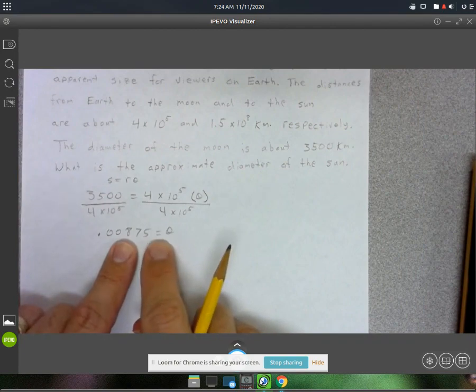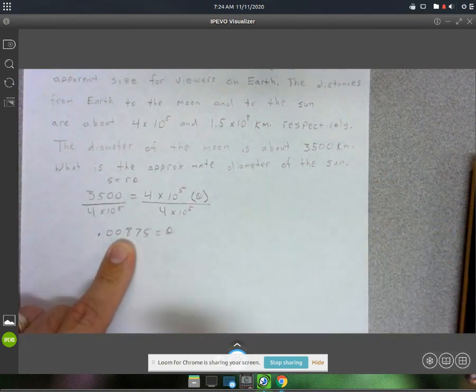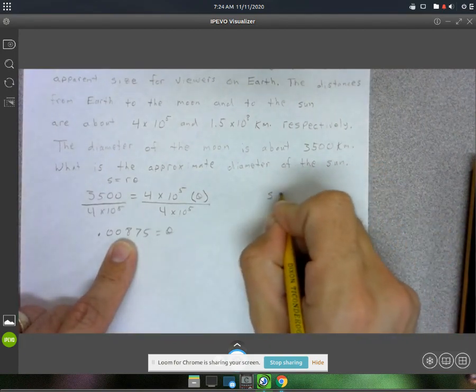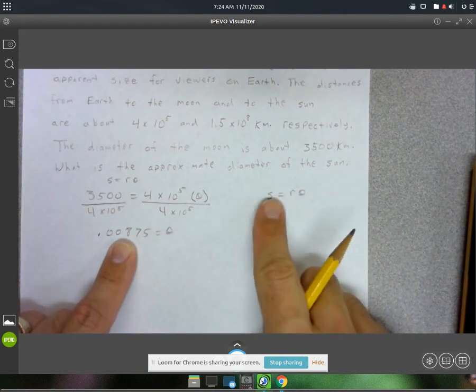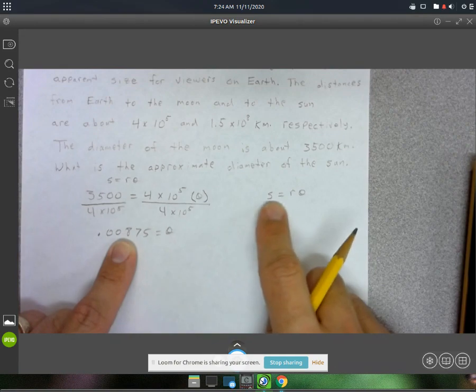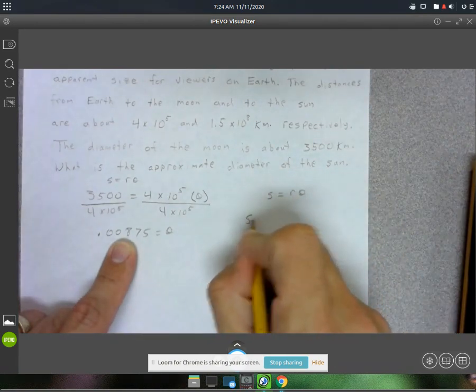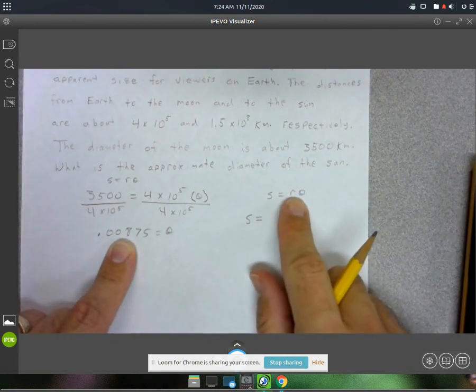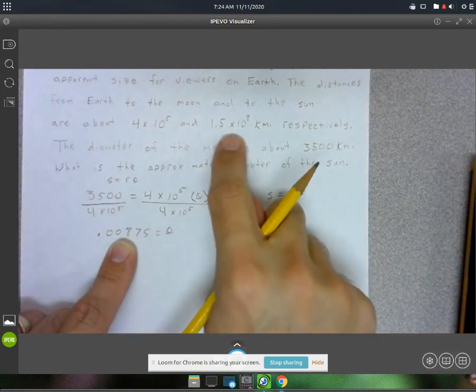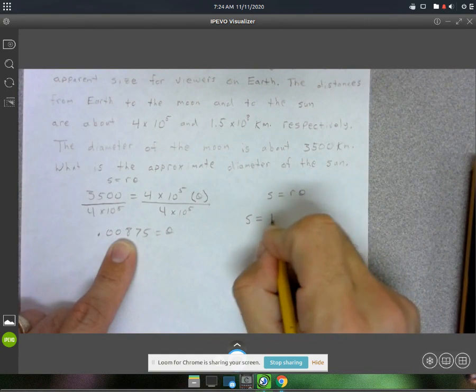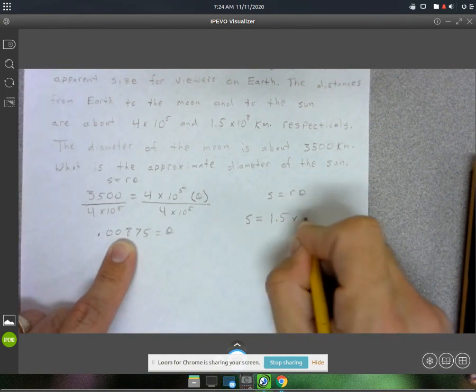And now we're going to use this to set up our sun equation. So S equals R theta. Now for the sun, we're solving for the S, because that's the diameter that we're solving for. The radius, which is like the distance from the Earth to the sun, is this 1.5 times 10 to the 8th.